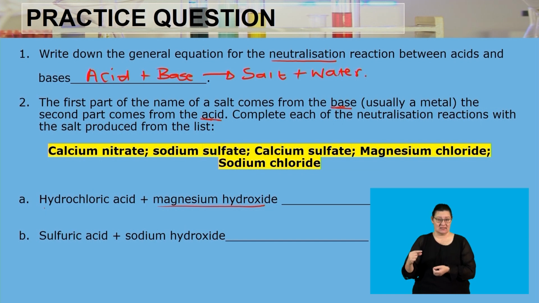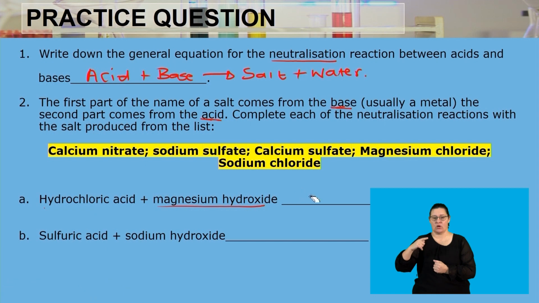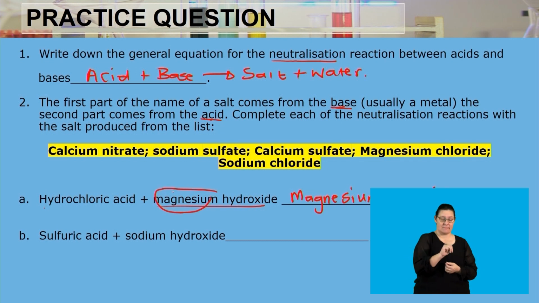So the salt produced here will be magnesium chloride. It starts with the magnesium and then we add chloride at the end to form magnesium chloride. And remember, we are still going to have water because it's a neutralization reaction.